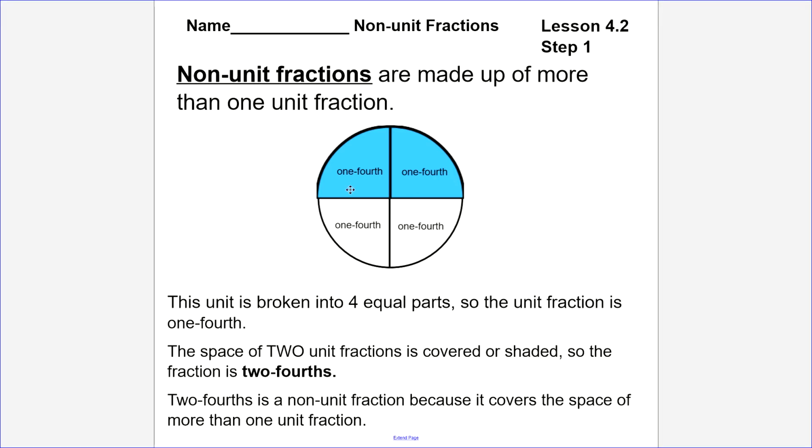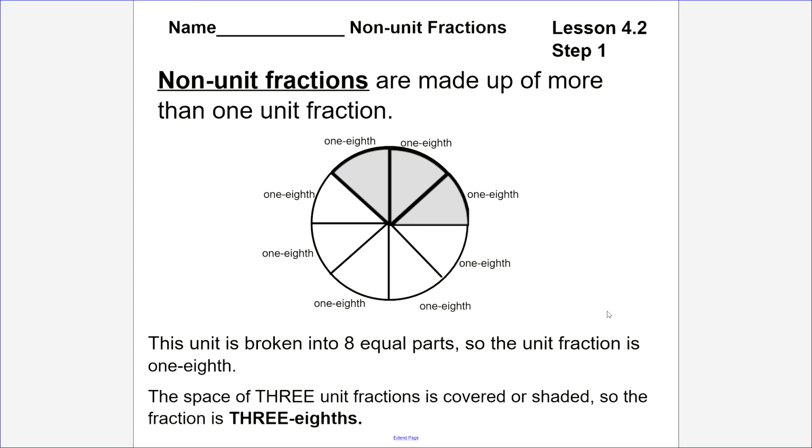This fraction would be 2/4 because there are 4 equal parts that the unit's broken into, and 2 of the 1/4 parts are shaded or covered. This fraction is 2/4. It is a non-unit fraction because more than one of the unit fraction spaces are covered.